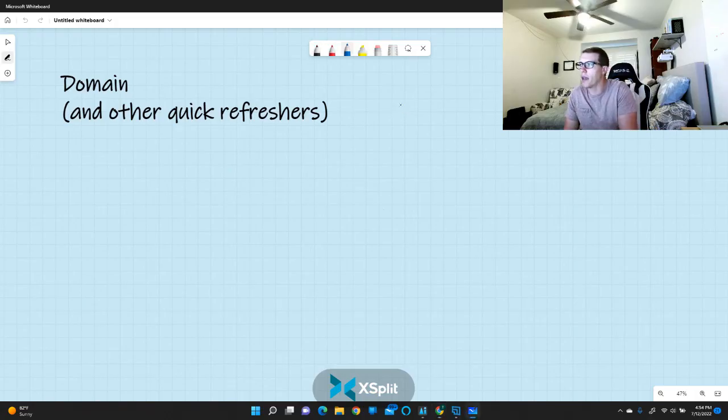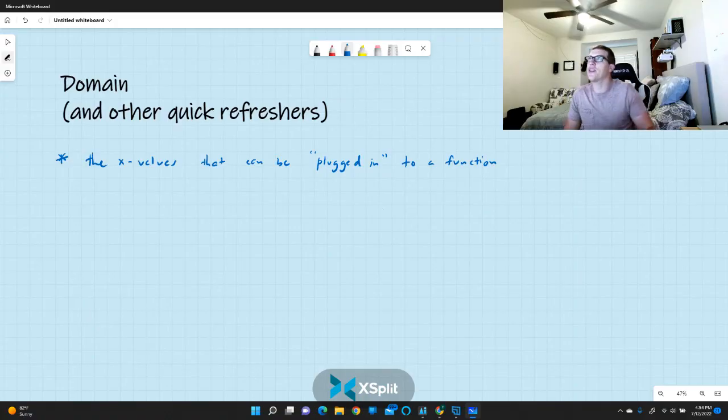What is domain? Domain are basically the x values that can be plugged in to a function and yield an output.